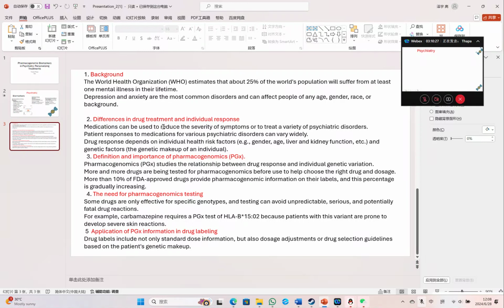About 25% of the population suffer from mental disorders in life. We are not really sure what causes it.